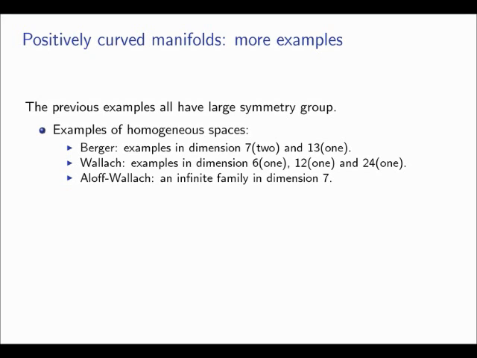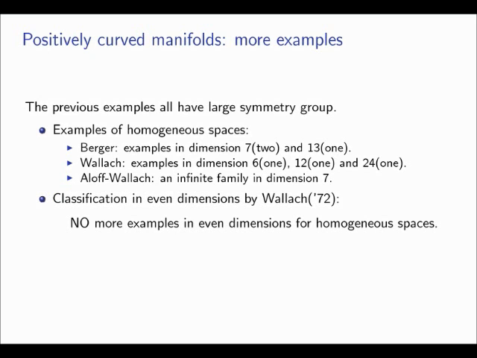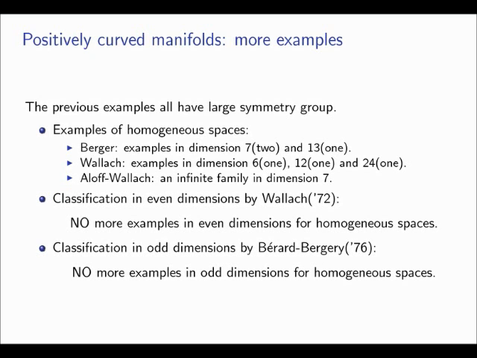In the even dimension, we have spaces: one in 6 dimension, one in 12 dimension, and one in 24 dimension. And there's another infinite family in dimension 7. So these are all examples we have for the homogeneous space. We have two different classifications, one for the even dimension and another for the odd dimension: the normal examples of positively curved homogeneous spaces.